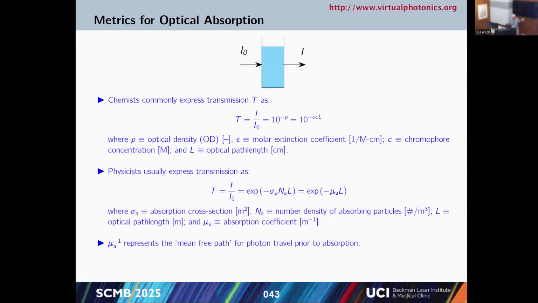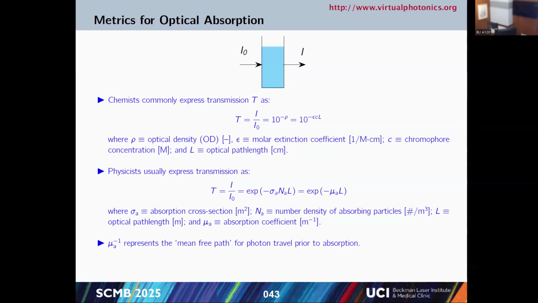Okay, optical absorption. One thing you need to be really careful about with optical absorption, at least when looking at parameters in the literature, is that chemists and physicists use different conventions. Chemists do the spectrophotometer measurement: the transmission of light through an absorbing liquid is just the ratio of your measured intensity over your initial intensity, and then they use base 10.